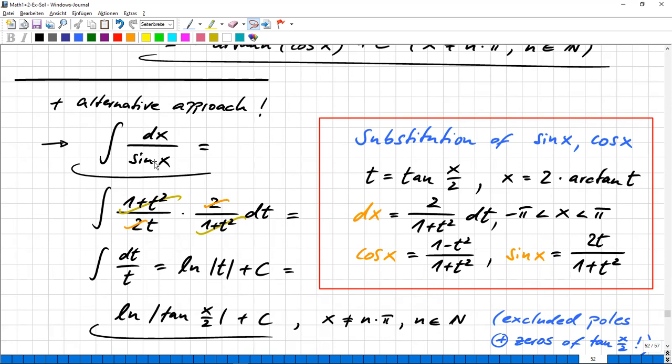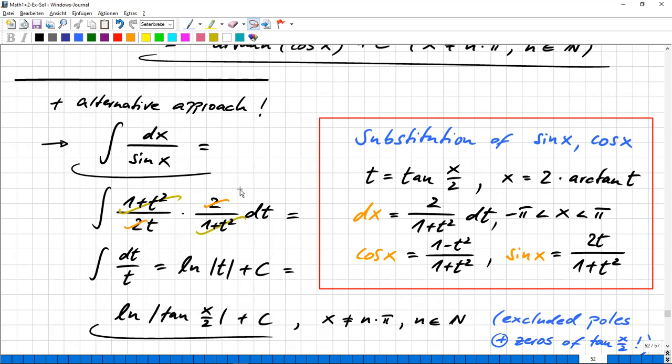It works if I replace sine of x just by this. You can use this as sort of a recipe. You replace in the denominator by this rational function, 2t over 1 plus t squared. Because it's in the denominator, I take the inverse fraction. Then I replace the differential dx by almost the same rational function, but without the factor of t, times dt.